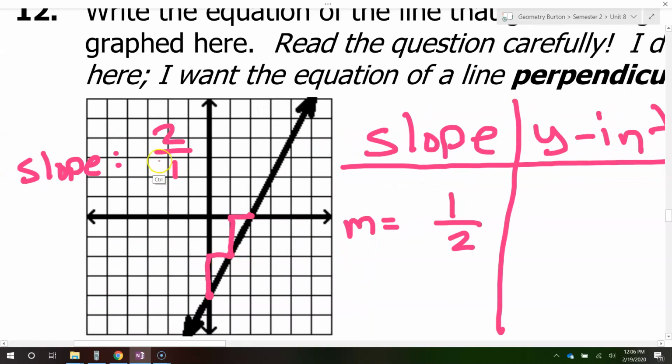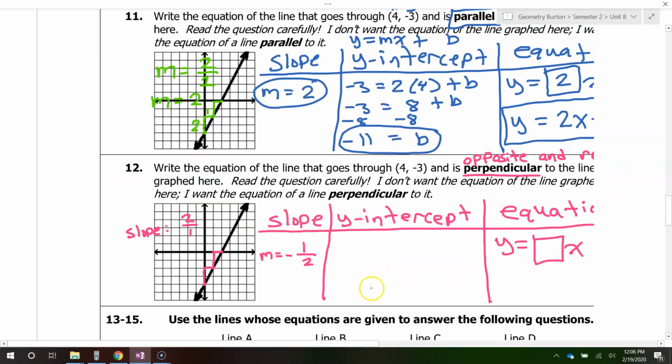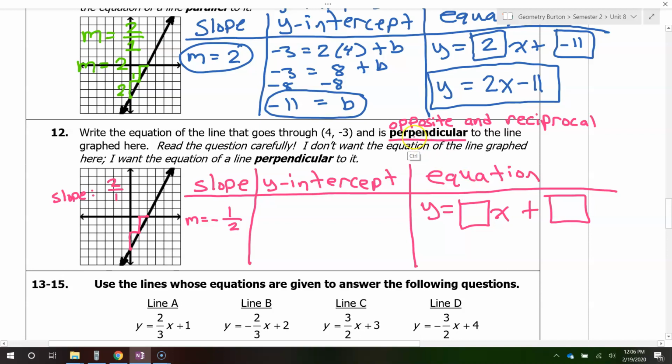And this is a positive slope, positive 2, so this is going to be -1/2. So that's the key, is that we have to go opposite and reciprocal whenever we're talking about a perpendicular line. All right, so the slope of the graphed line was 2, or 2 over 1. So the slope of our line will be -1 over 2, opposite and reciprocal.